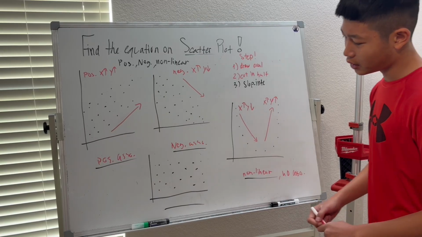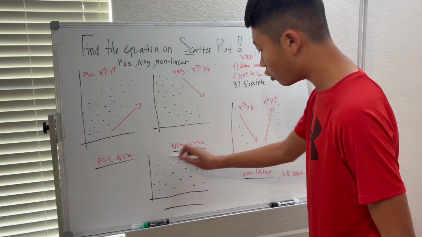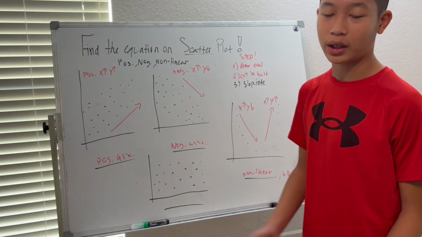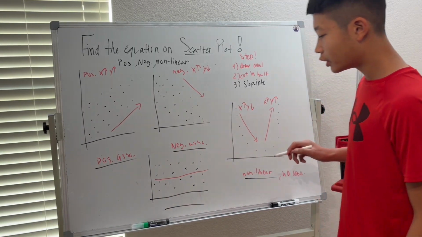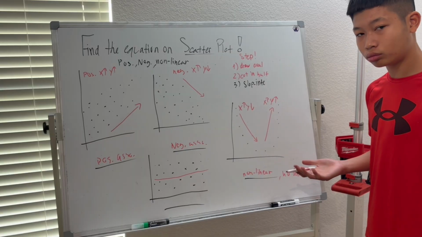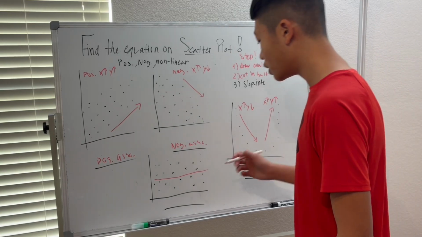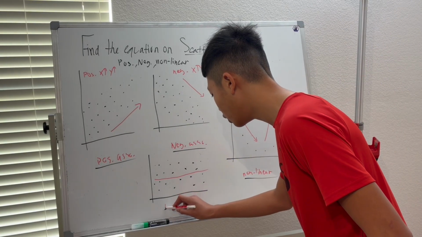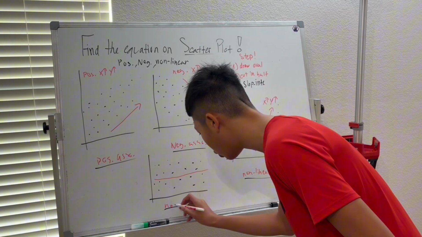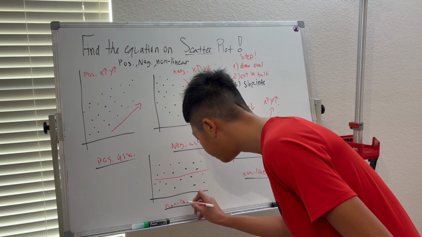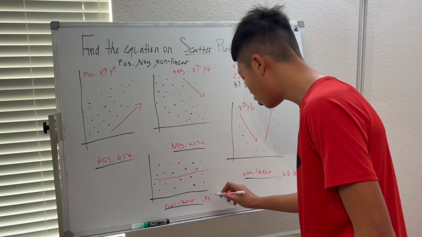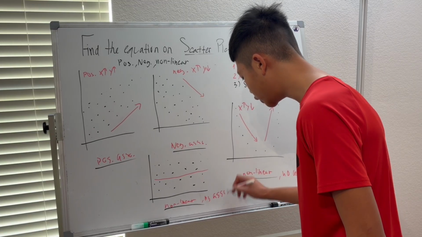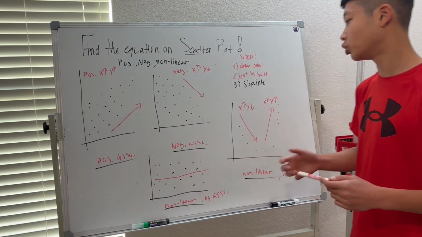As you see, if you cut the graph in half, this basically forms a straight line. So this means this is non-linear. It's so hard to write. Non-linear, or no association. So it's no association.